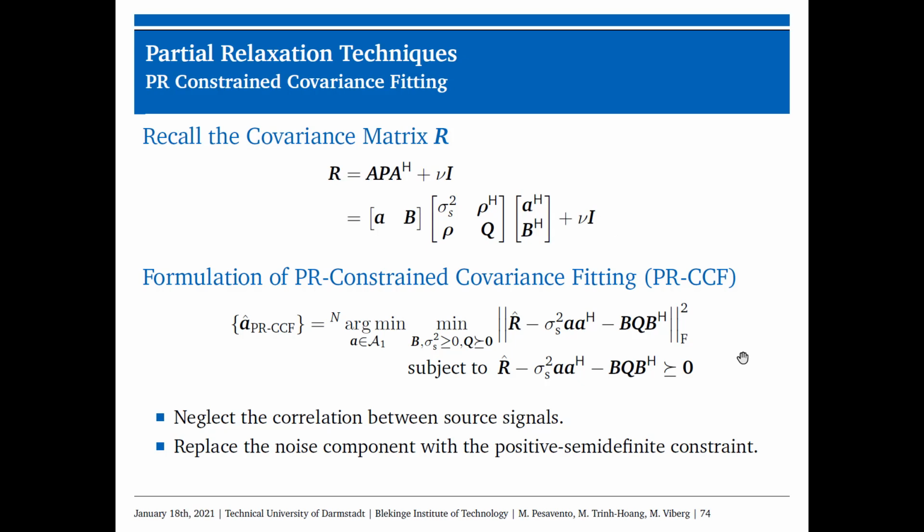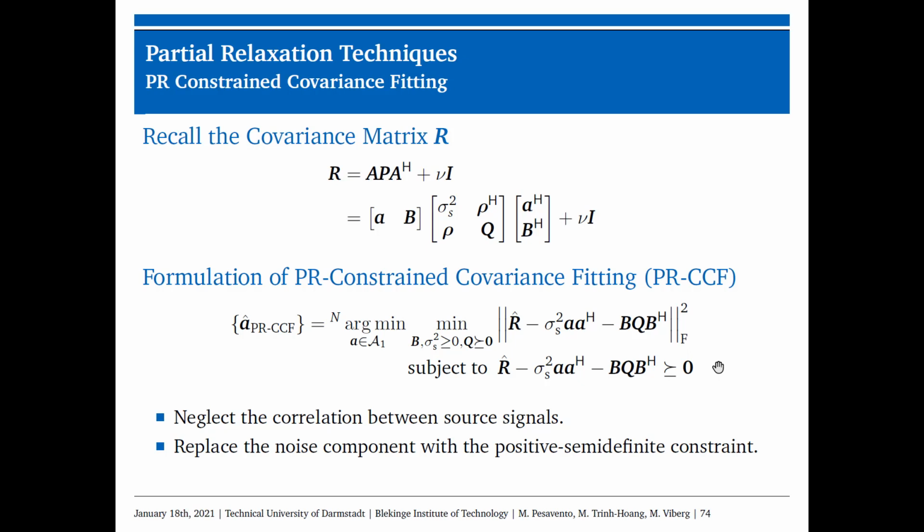Under these approximations, the partially relaxed constraint covariance fitting, or in short PRCCF, is formulated as follows, where we match the sample covariance matrix R hat with the signal component sigma S square A times A Hermitian and the remaining interference components, subject to the constraint that the residual matrix must be positive semi-definite.